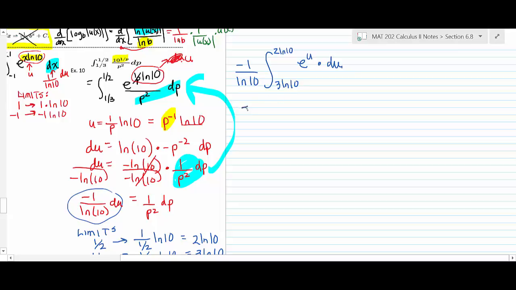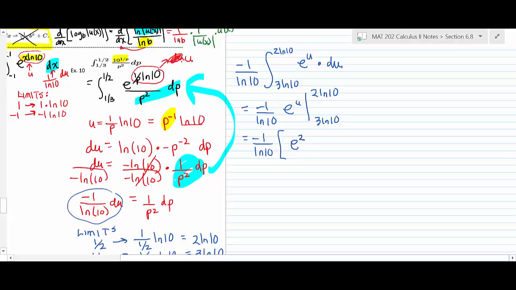So this integral is going to be negative 1 over ln 10, antiderivative e to the u. And then we're going to evaluate that from 3 ln 10 to 2 ln 10 like that. So this will be negative 1 over ln 10. Plug this in.